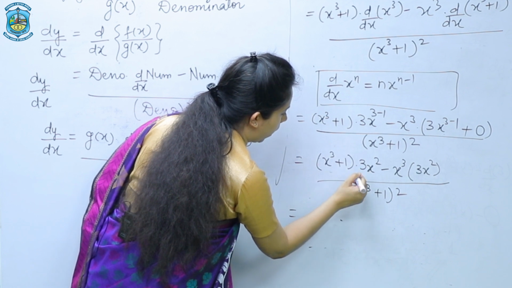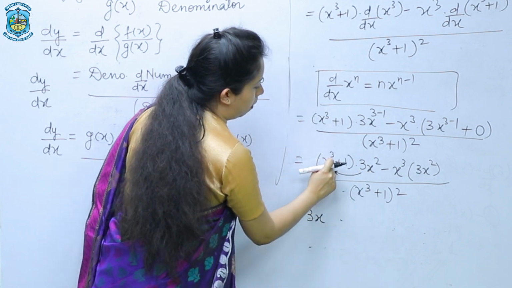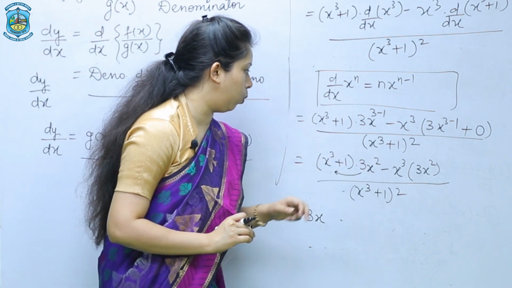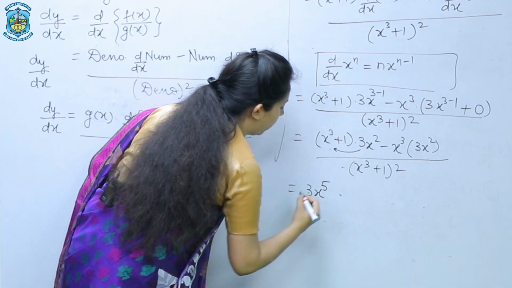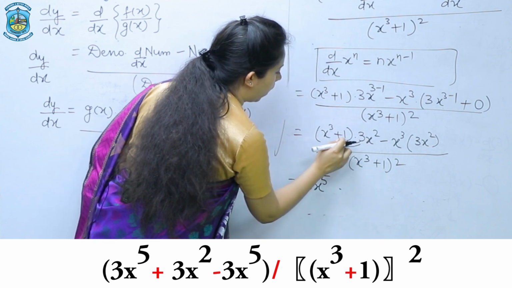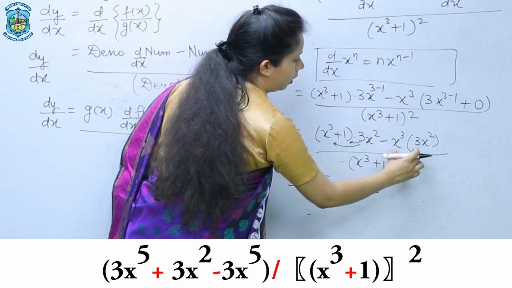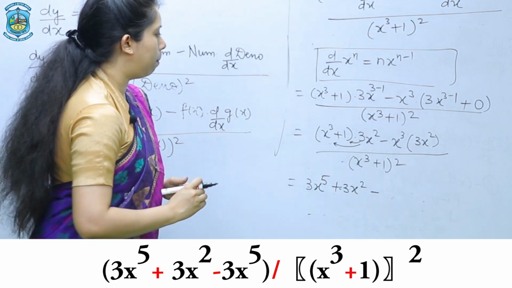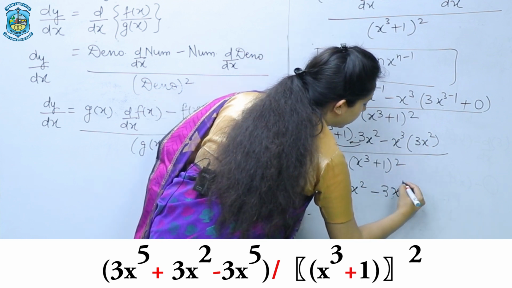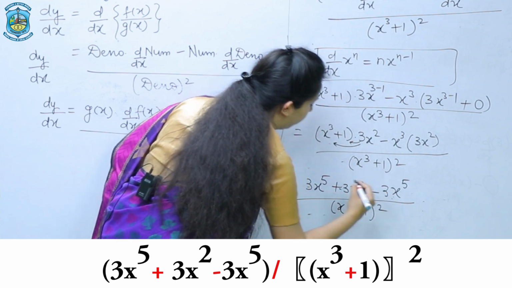Simplify this: 3x square will get multiplied with x cube. By the power and exponent property, when the base is the same, powers get added, so 3 and 2 will get added and you will get 3 into x raised to the power 5. Plus 3x square will get multiplied with 1 and you will get 3x square, minus 3 into x raised to the power 5, divided by x cube plus 1 whole square.